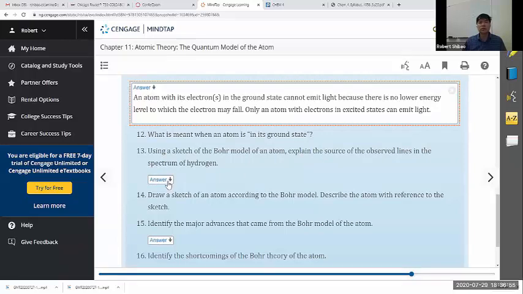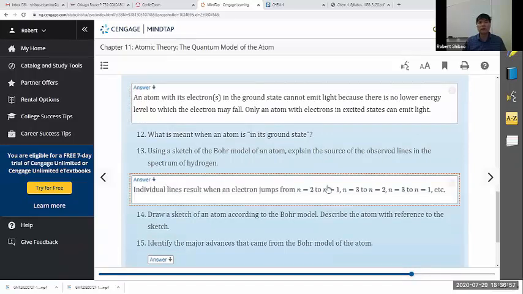Using a sketch of the Bohr model of an atom, explain the source of the observed lines. This is going from the orbits, going from two to observed visible lines. These lines are actually not the visible ones. 2 to 1 is in the ultraviolet. 3 to 2 is the red line.